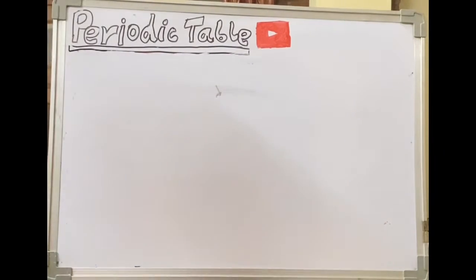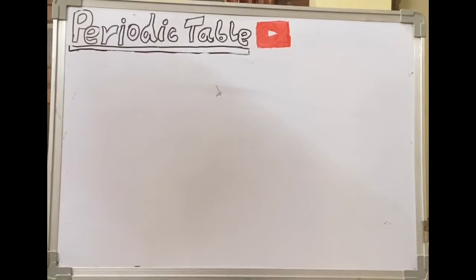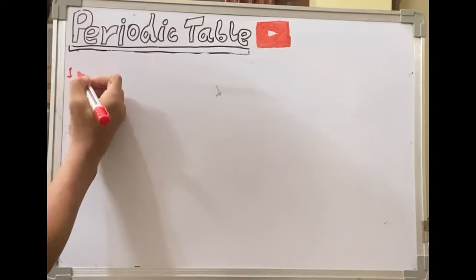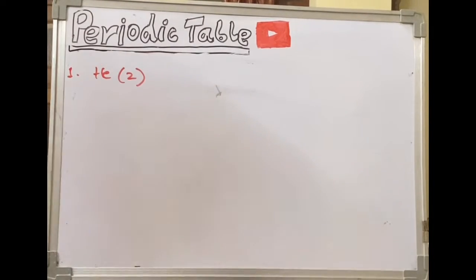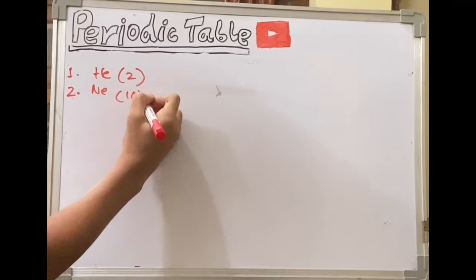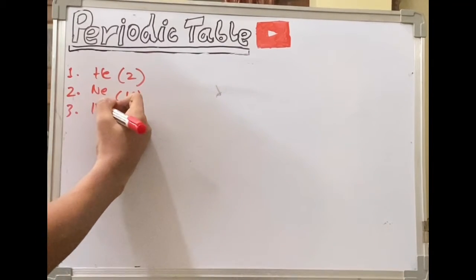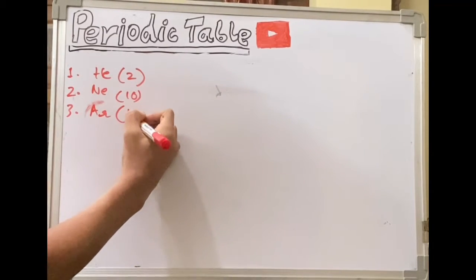So firstly, there is 2. This is the last element of a period we are talking about. For period 1, it's He, having the atomic number 2. Then there is neon, having 10. Then there is argon, 18.